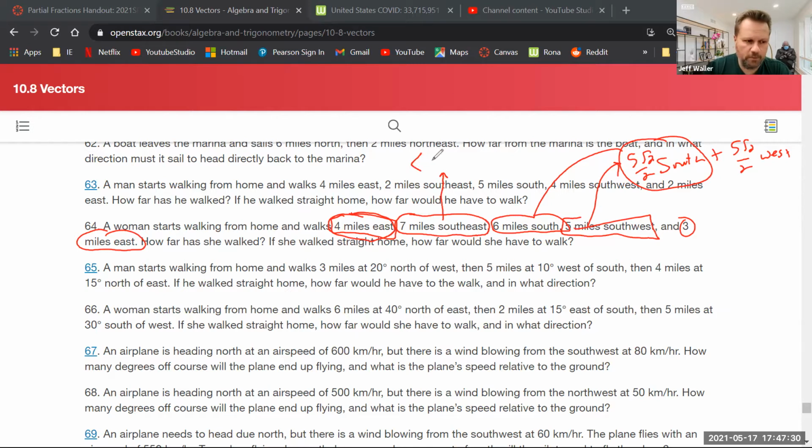It really depends on what you want to call positive and negative here. If I call south negative, this would become 7 rad 2 over 2, negative 7 rad 2 over 2. This I could look at as, you could do it, 4, 0.